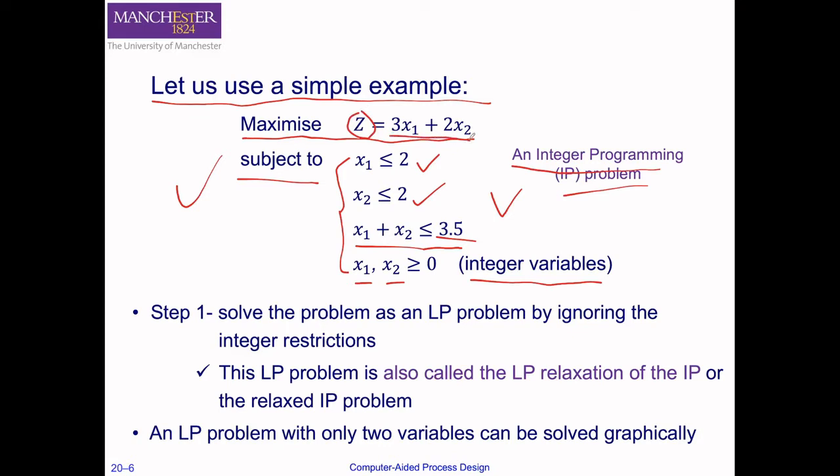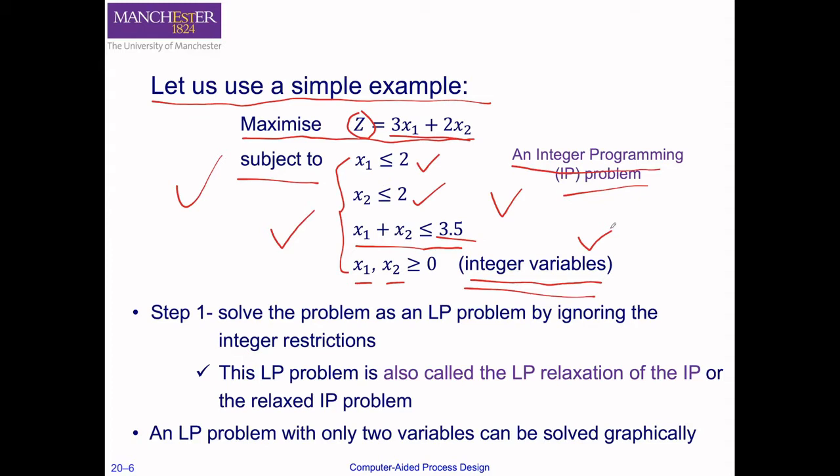As we mentioned, one basic idea of this branch and bound method is to solve the problem as if it contains only continuous variables. How to achieve this? As we have discussed, in this integer programming problem, x1 and x2 must be integer variables. These are integer restrictions on x1 and x2.